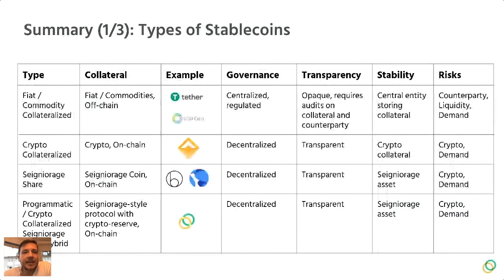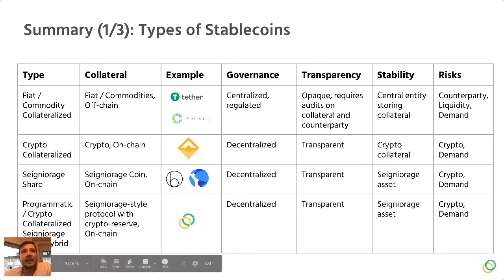I think it is a nice way, if you think about the risk factors of stablecoins, to think first about what type of stablecoin you are looking at. Is it, for example, backed by fiat? When it's backed by fiat, then maybe the counterparty risk is more important, or if it's backed by crypto, then maybe the crypto collateral price risk is more important to look at.